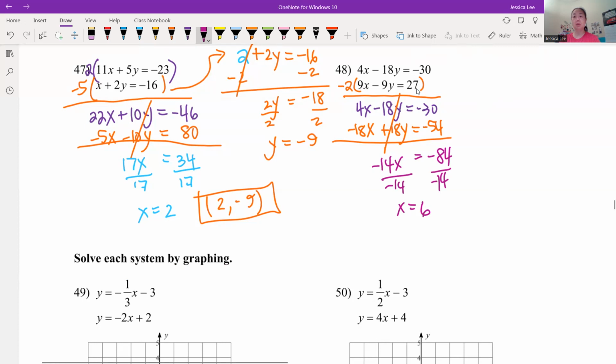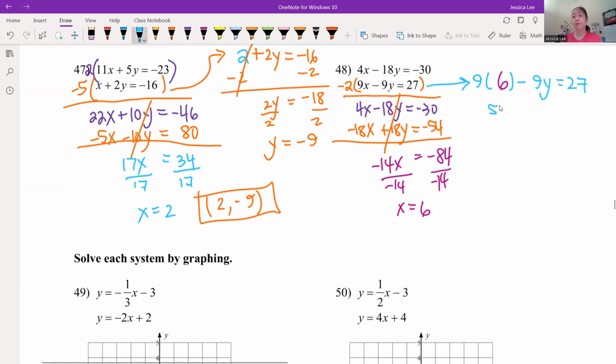Where should we plug it in? To the bottom one? Let's do the bottom one. I don't really want to write it. Oh, wait, I mean this one. So for 4x minus 9y is equal to 27, we're putting in our 6 right in for our x.